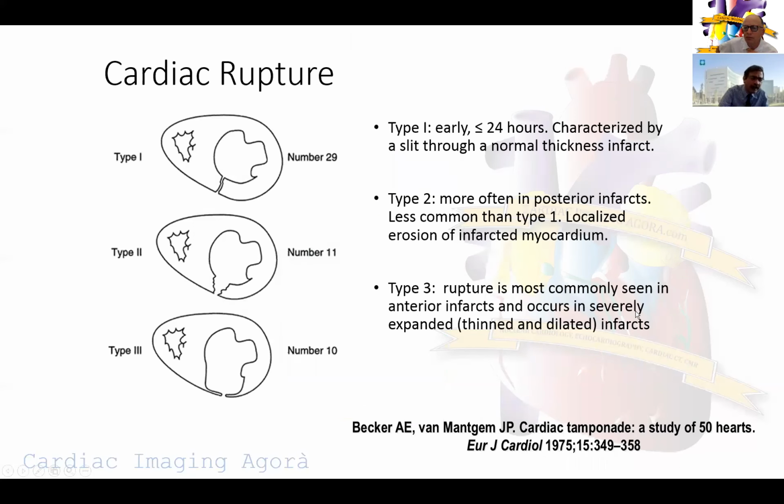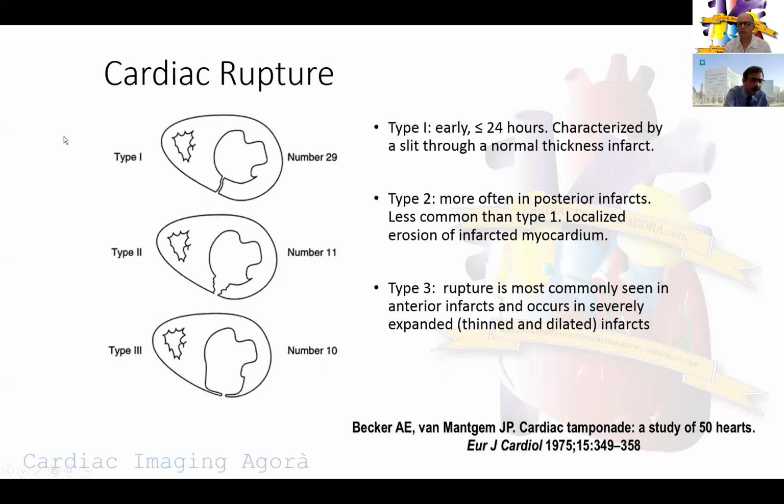I really like this cartoon. This is a small postmortem paper by Becker and colleagues who looked at the pathology of rupture in the postmortem state, and they divided rupture into 3 significant groups, and it can apply to any mechanical complication that we see.